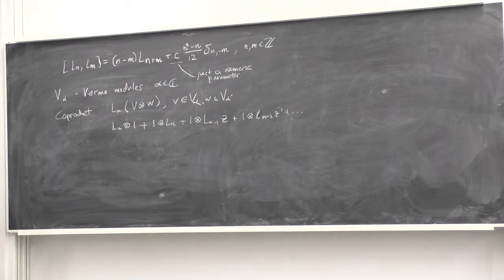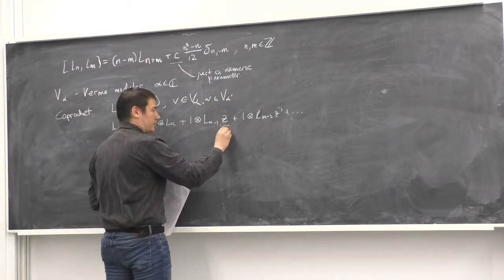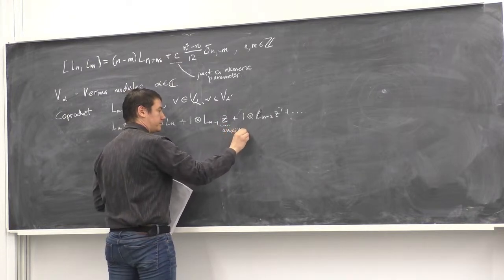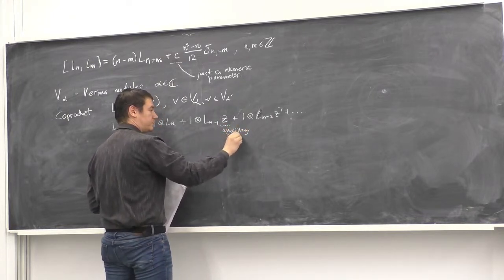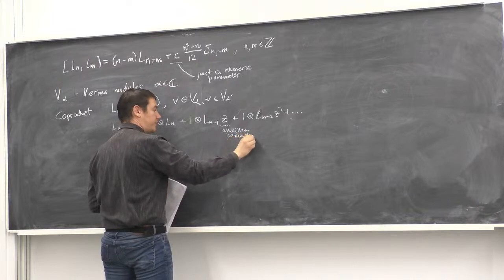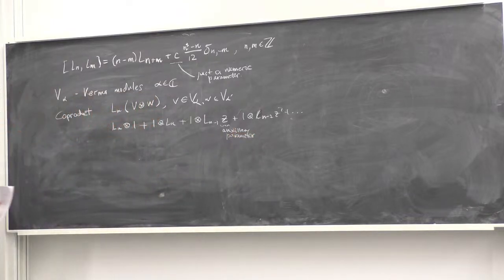And then z is an auxiliary parameter. It's actually explicitly not symmetric. Well, it depends on how you think about it. Physically, yes. Mathematically, it's a definition.